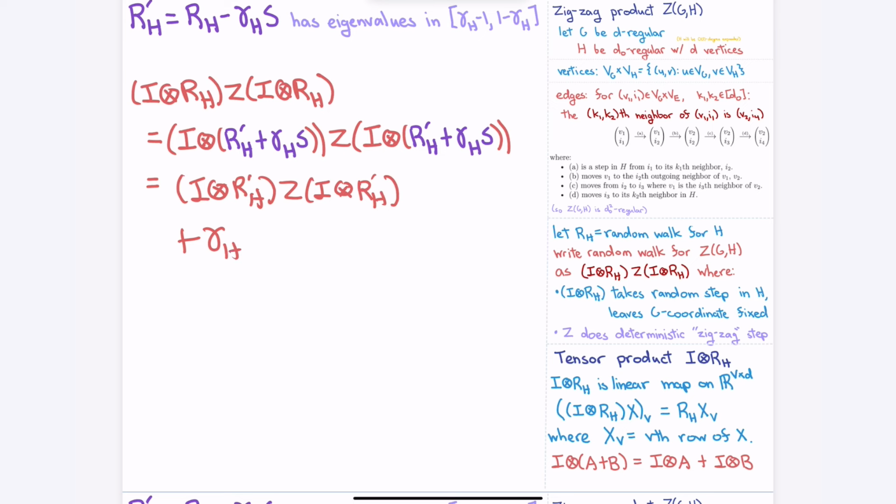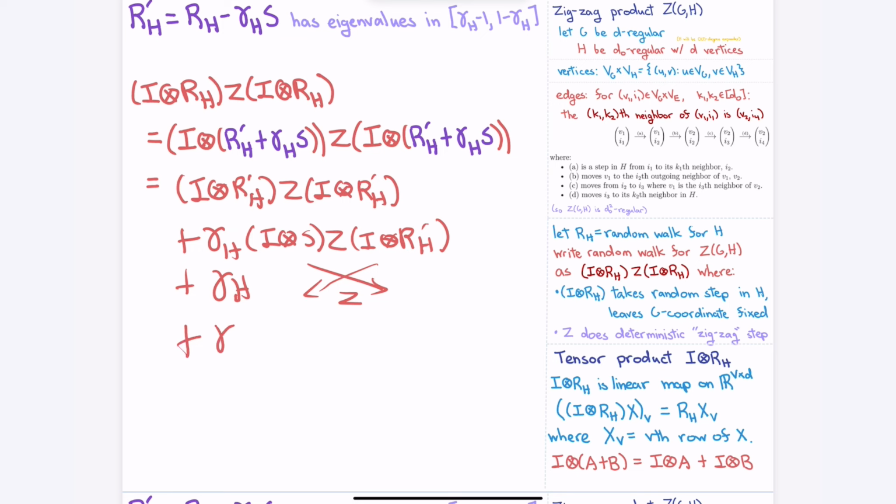Gamma H times I tensor S Z, I tensor R H prime, plus another gamma H, and these two will be reversed, Z, plus gamma H squared, and that'll give two of these terms, Z or something, right?